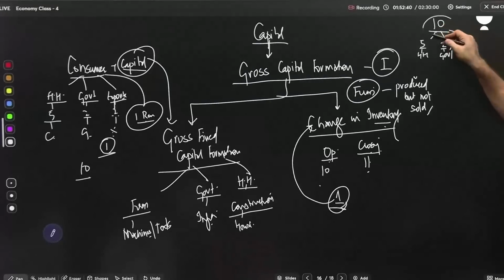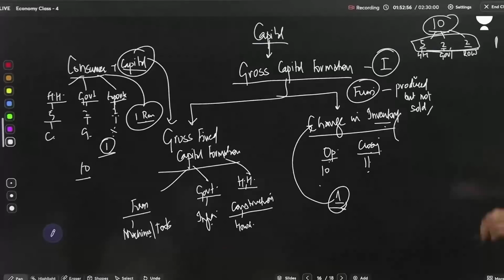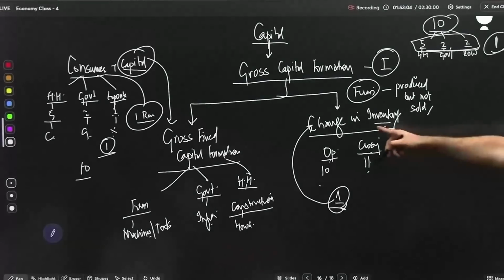Now, production counted was 10, but spending I counted was 9 only. The principle is that whatever you produce, money will be spent on it. So when production counted was 10, but money spent was only 9, I have to include 1 also. How will I include this one? Who has spent money on this one? The firm. So this I added here.